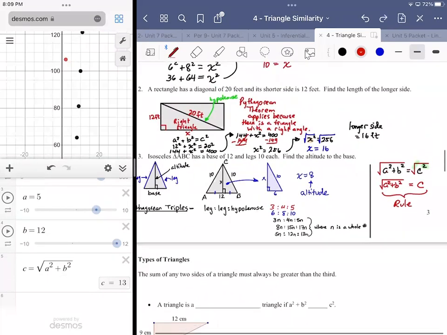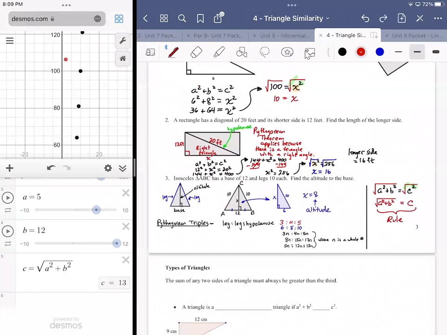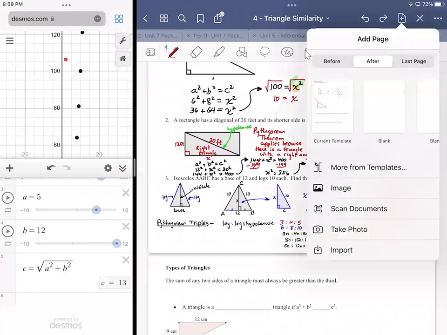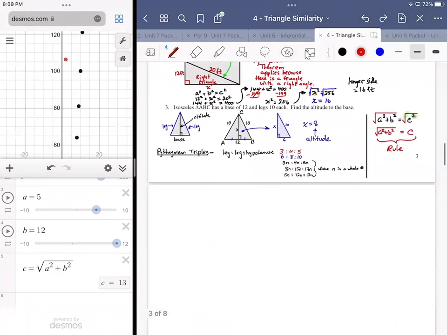I have to add a page here to do that. I don't know why it's not in here, but I wanted to throw it in. So I'll throw in a blank page here. And it's just a quick side example. So for example, let's say you have a triangle, a right triangle specifically, where the hypotenuse, I'll give you the two legs.